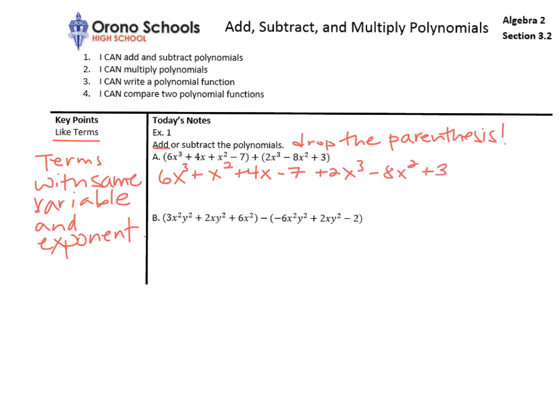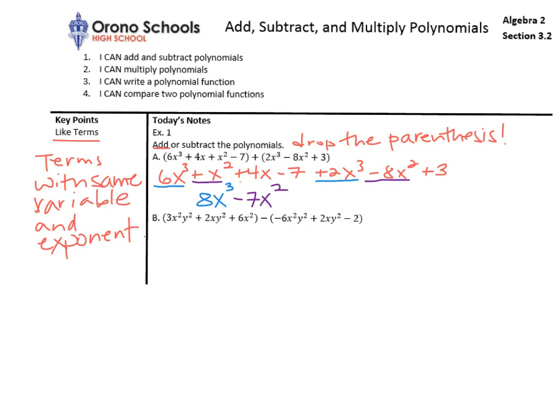If I look at combining like terms, I notice I've got a 6x cubed and a positive 2x cubed. Together they would make 8x cubed. Then I've got 1x squared here minus 8x squared from that other polynomial. The coefficients 1 minus 8 would be negative 7.